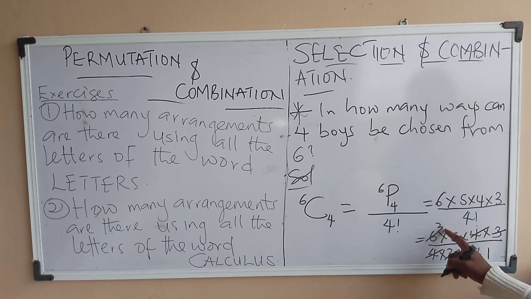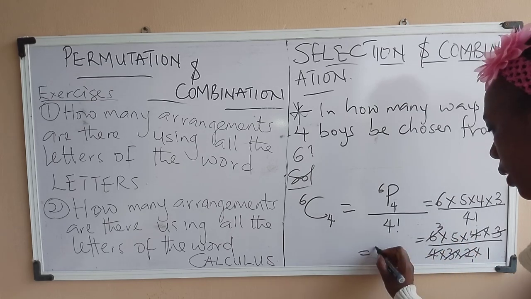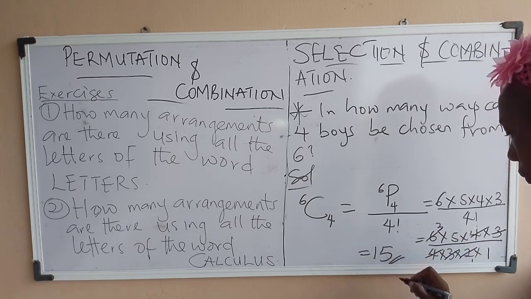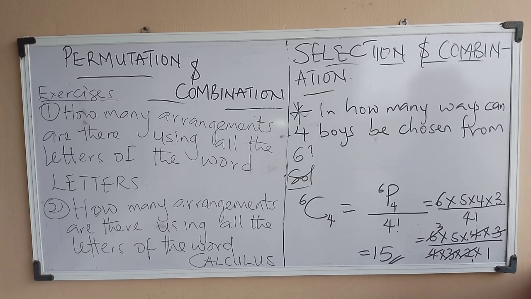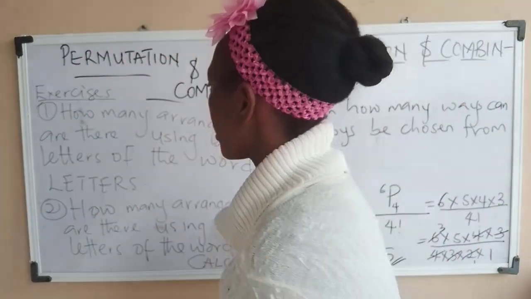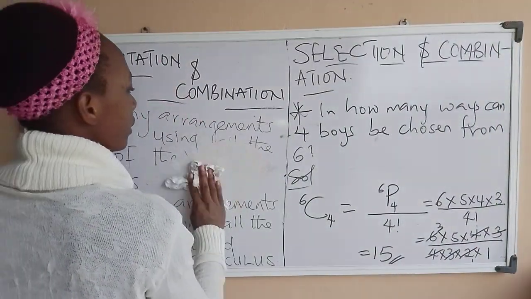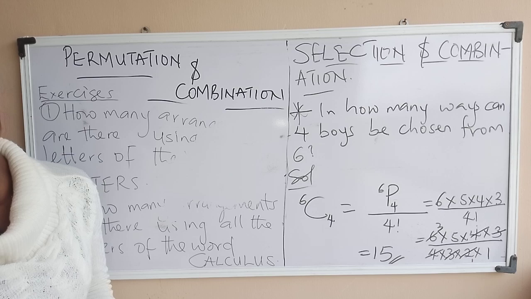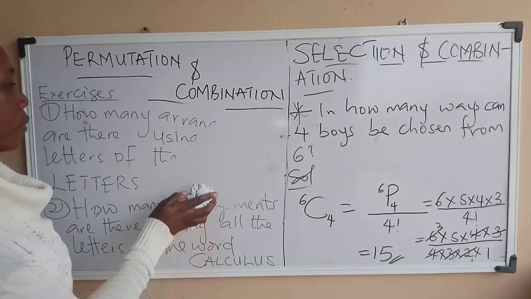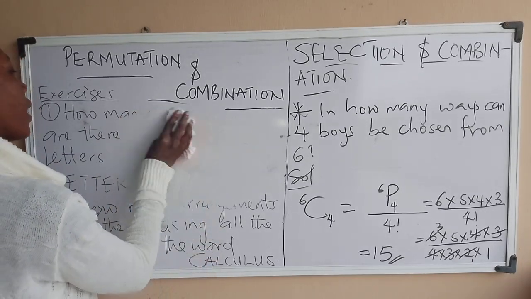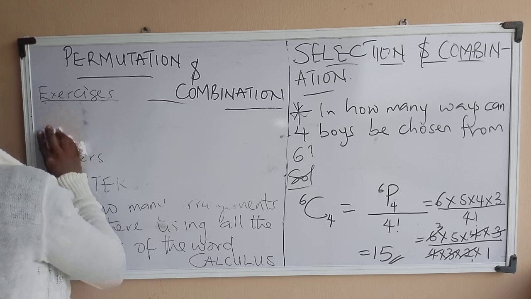So 3 times 5, your answer is 15. Can you see that? Super easy. Very, very simple. So we are going to be looking at one more example, one more example before I load you up with some classworks or some exercises.